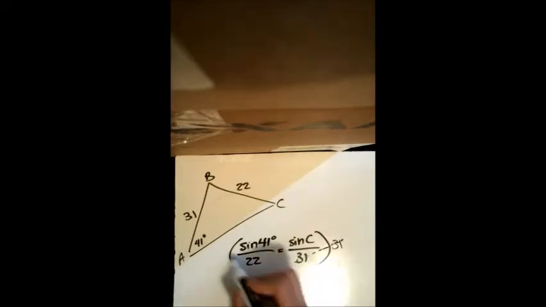So the 31's on this side are going to cancel out. And over here I'm going to get 31 sine of 41 degrees over 22 equals the sine of C. And so from there, I'm going to start using my calculator a little bit. So I'm going to type in what I know.